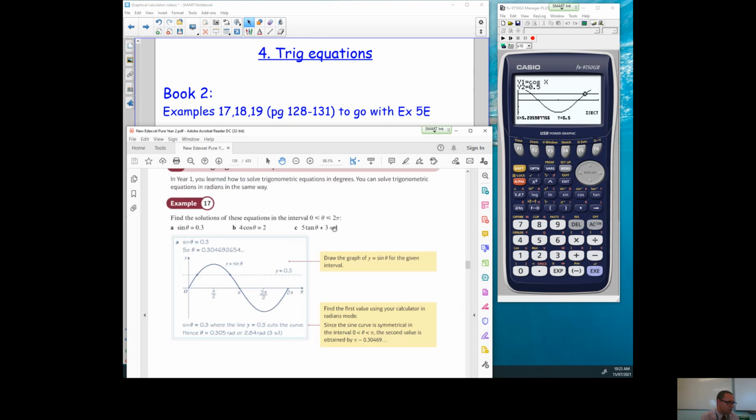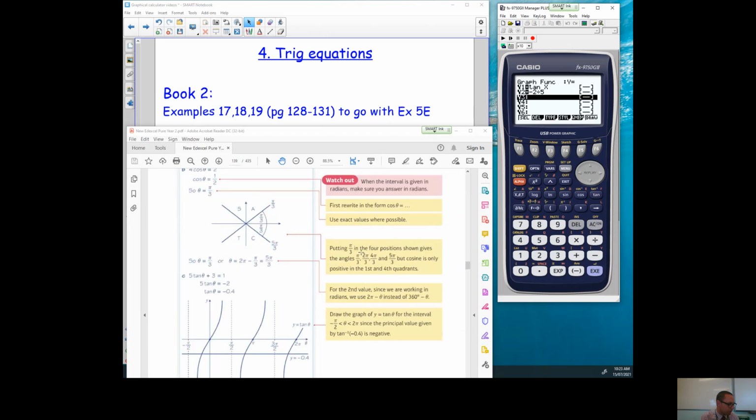Next one, we could just put it in as 5 tan theta plus 3 equals 1. But if you rearrange this first, so take away 3 and divide by 5, you will get that tan theta, or tan x in this case, is equal to -2 divided by 5, so -2/5. Let's see if it likes that. I'll quickly scroll and check I've not done something silly there.